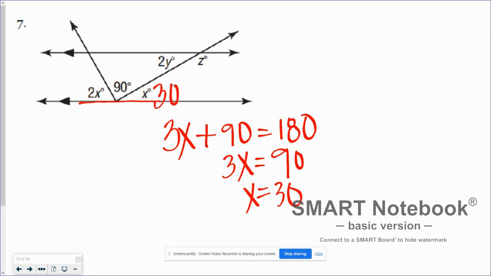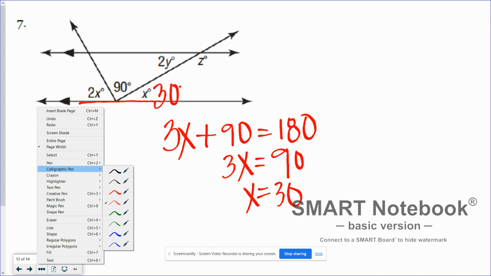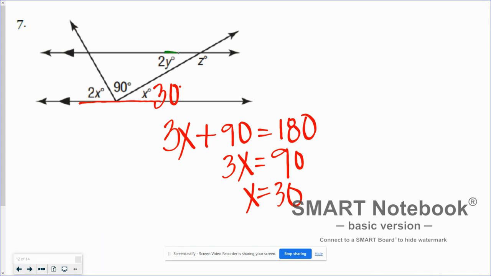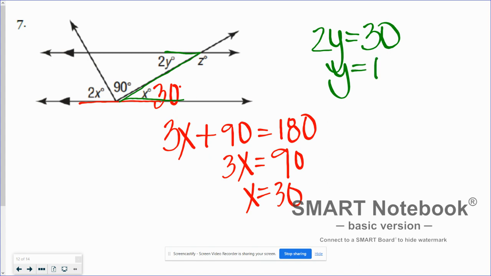So what else is equal to 30 degrees? If you said the 2y would be equal to 30 degrees, you are correct, because right here we have alternate interior angles, and alternate interior angles are congruent. So 2y is equal to 30, which means that y is equal to 15. And then what about z?